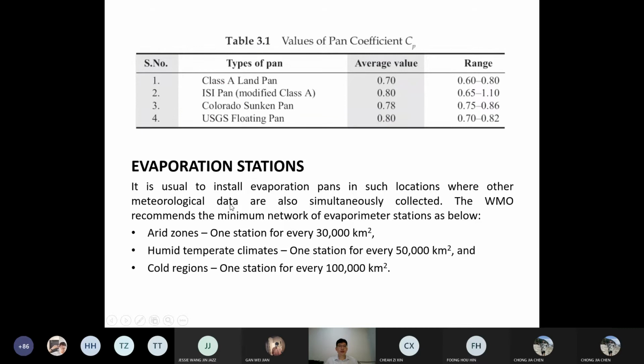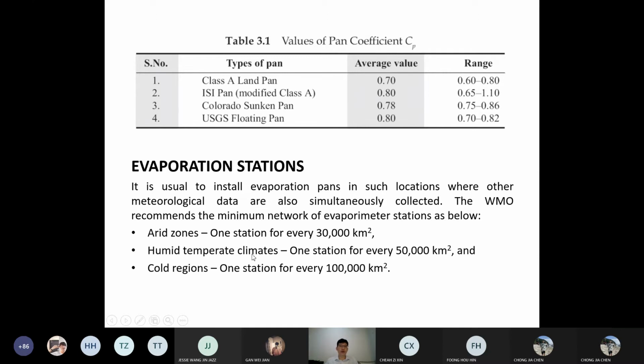And for different places there are different guidelines for the evaporation stations. For the arid zone, the area which doesn't have that much water, we need about 1 station for every 30,000 square kilometers.